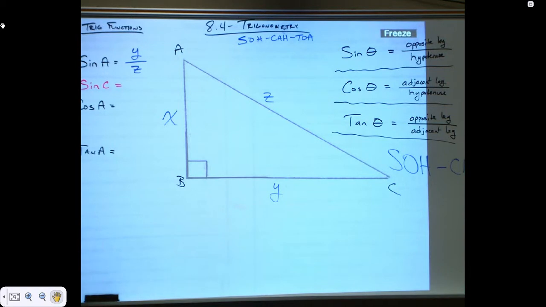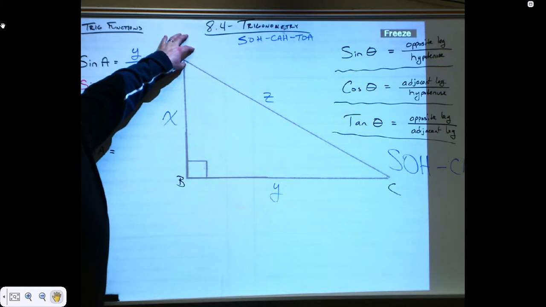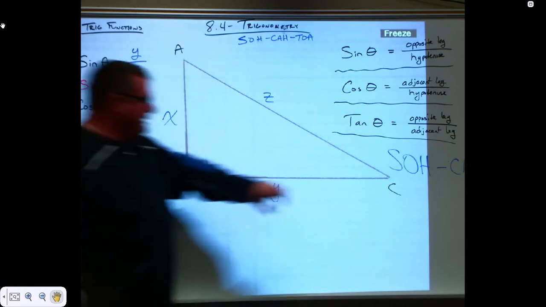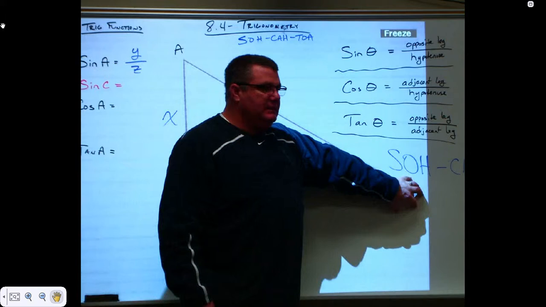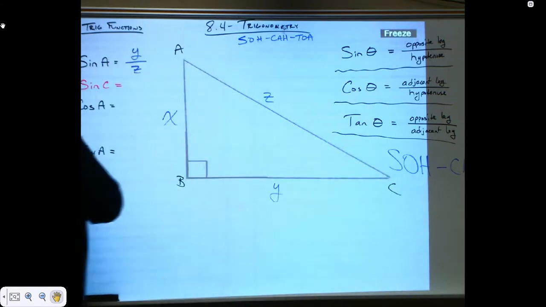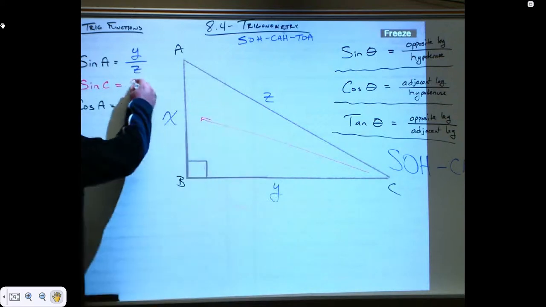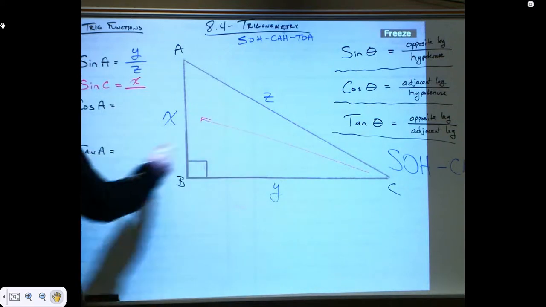With sine of A, we were talking from that perspective when we said opposite or adjacent. If I say find the sine of C, I'm talking from this perspective. Now which one's opposite? From this angle, the opposite is x over the hypotenuse.